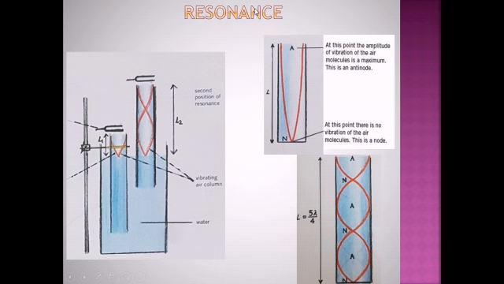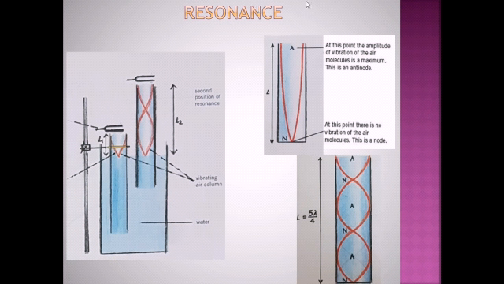Resonance. Resonance is a phenomenon in which an oscillating or vibrating system is made to oscillate at a frequency which is the same as its own natural frequency. The system vibrates with increasing amplitude and a loud voice or note is heard.